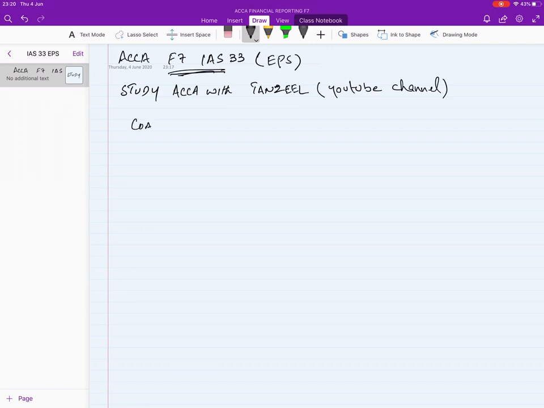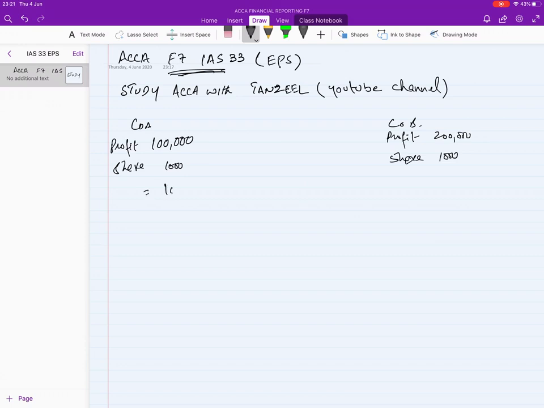Company A has a 100,000 profit, and company B has a 200,000 profit, and both have 1000 shares. Basic EPS is profit divided by number of shares.